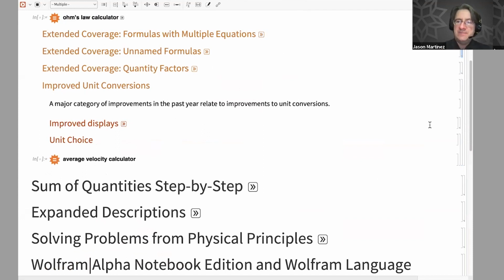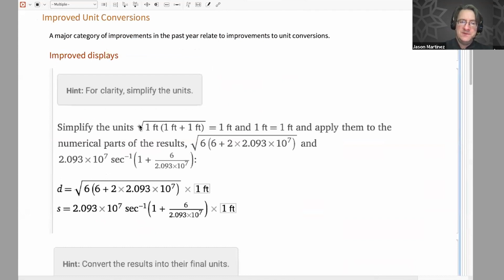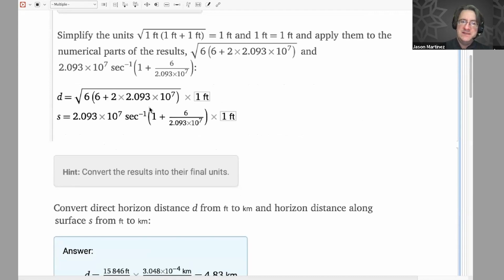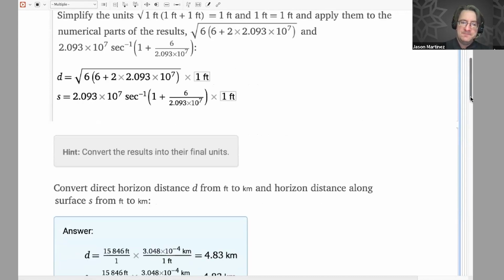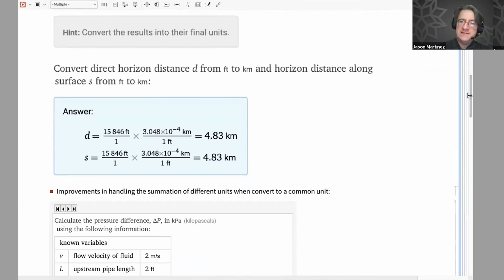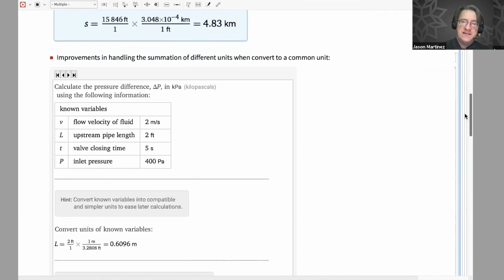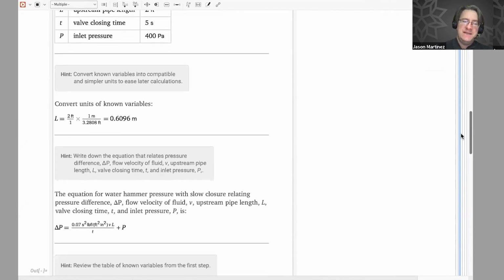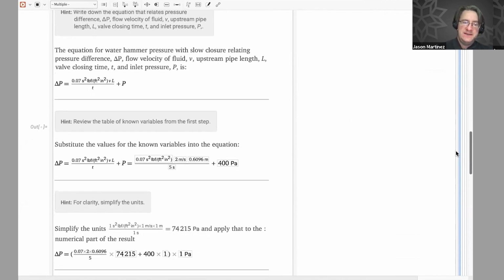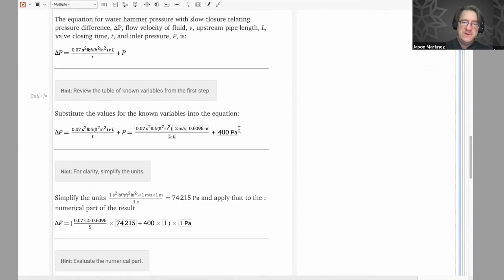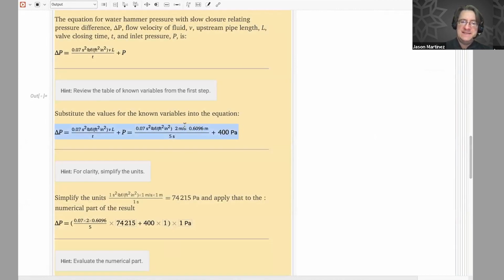So we already saw some of that, in that we've clarified how we're simplifying our units when we're summing units, as well as how we're multiplying them, applying them to our calculations, like I showed before with the horizon distance, as well as improving handling in more complicated cases where, say, in this example here, we are summing pascals and then this complicated expression here.